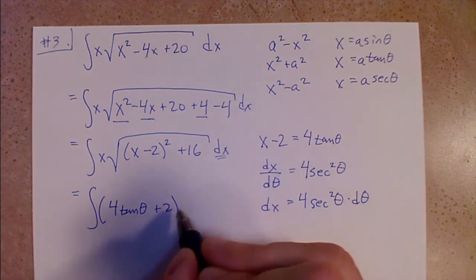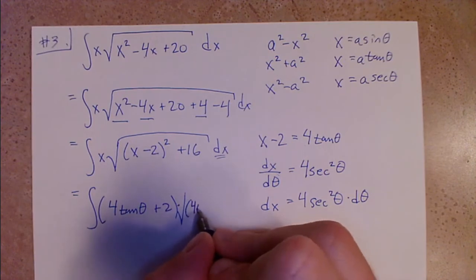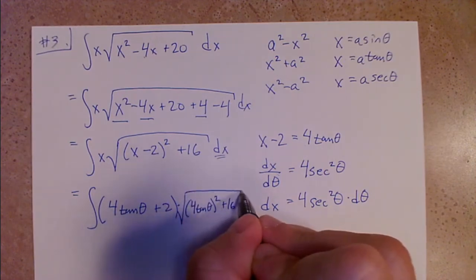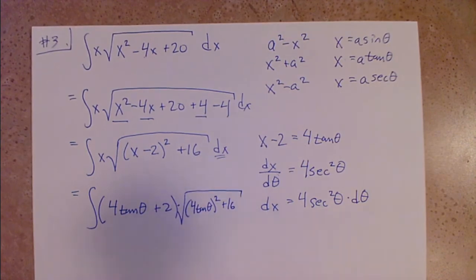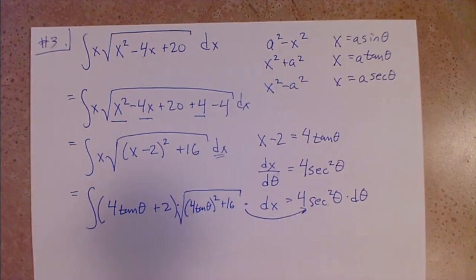All right, let's continue with this though. This is the square root of x minus 2 squared, so that's 4 tangent theta squared plus 16 times, and then I just ran out of room, but luckily I ran out of room right next to that thing. So I'll just say times that.